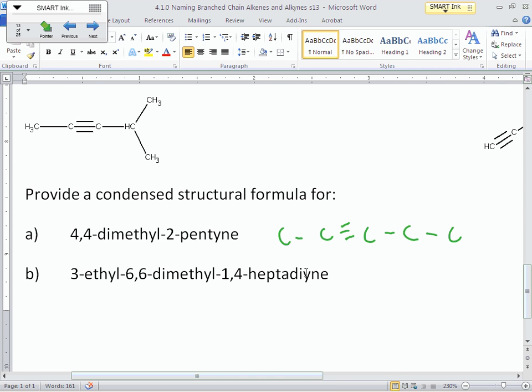And I'm not very good at this on the computer, but it's okay. And I need a 4,4-dimethyl. 1, 2, 3, 4. CH3. CH3. And then load with H's. This is an H3. That's got 4 bonds. That's got 4 bonds. That's got 4 bonds. H3.